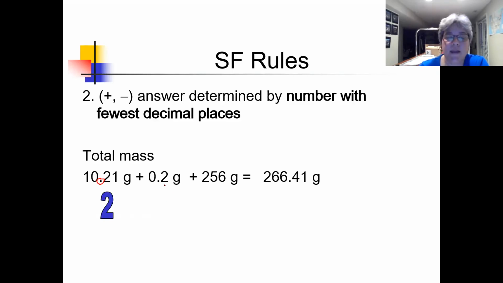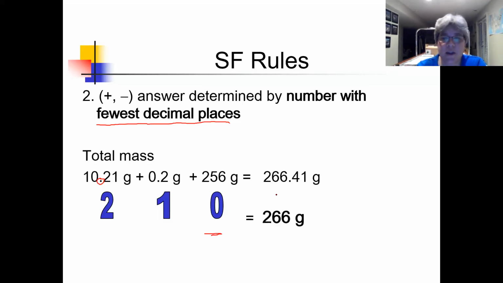The 0.2 has 1. And this one, 0. Okay, so what do I give as my answer? Well, remember, whichever one has the fewest decimal points. So this one has 0, which means my answer should have 0 decimal points. So you should give as your answer 266 grams.